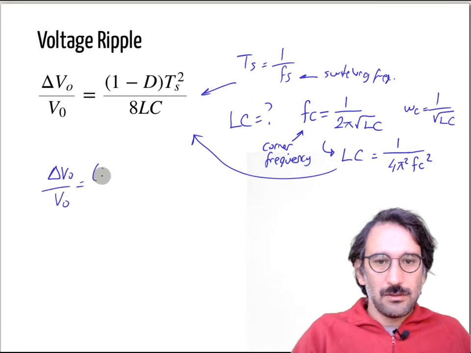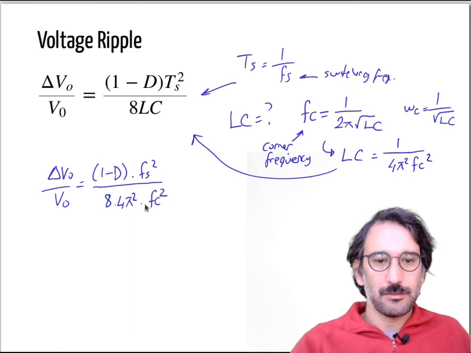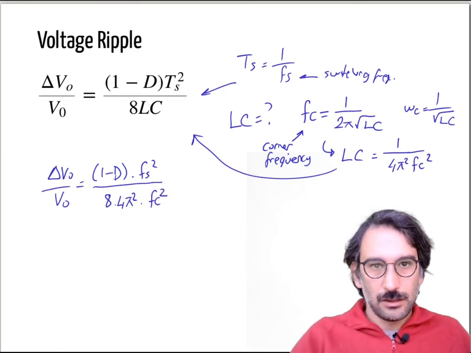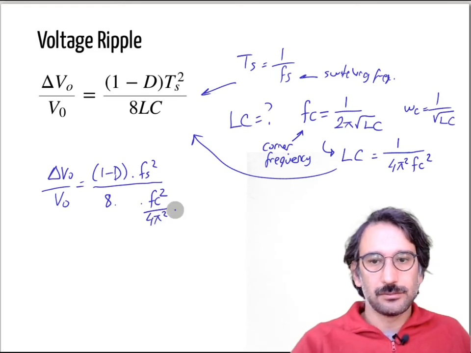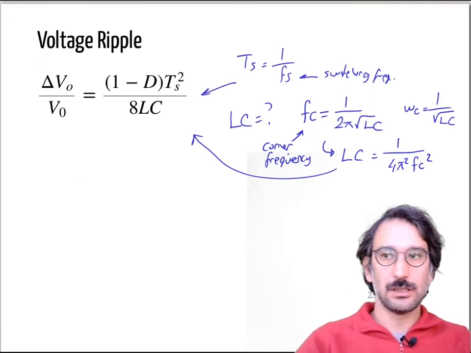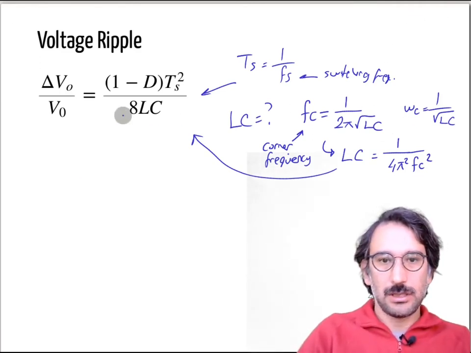So this is (1 minus D) Fs² divided by 8 times 4π² fc². Sorry, I made a mistake, I think this should be somewhere here. So let's put that equation here.